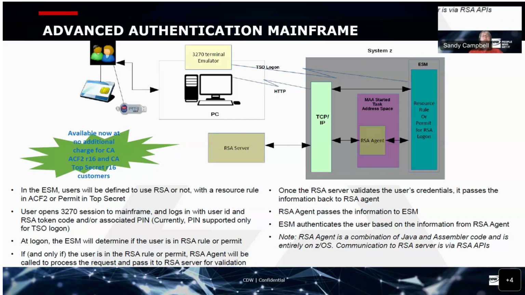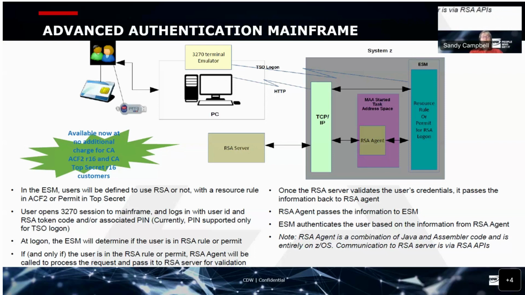In this one, a user opens a 3270 session and logs in with a user ID and an RSA token or a PIN. PINs are only supported currently for TSO.